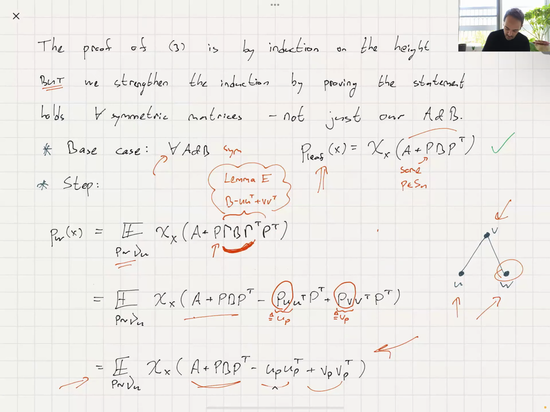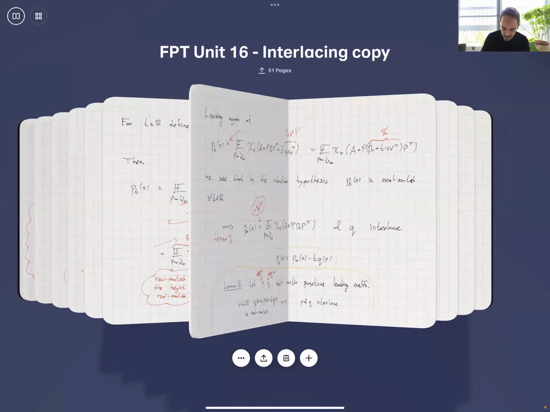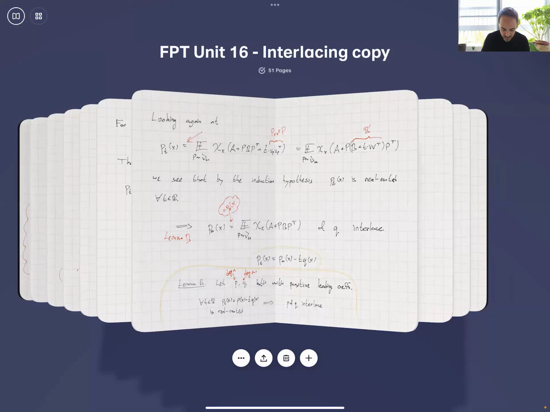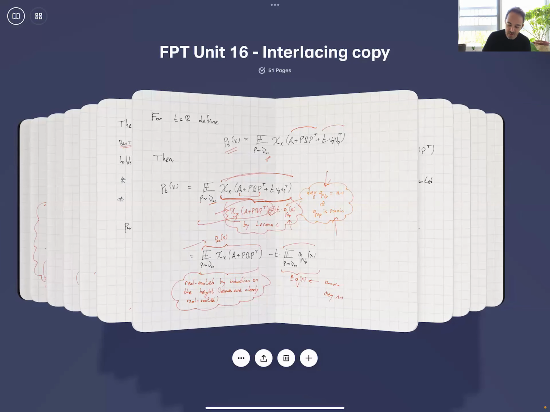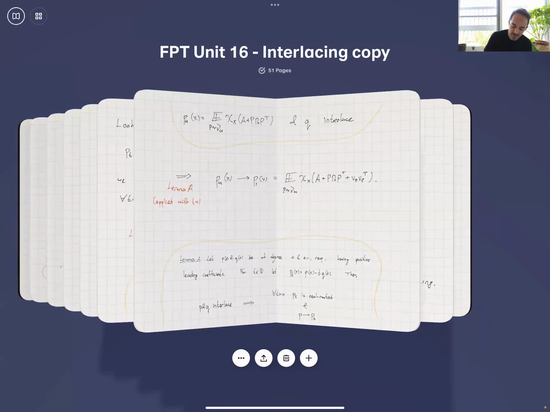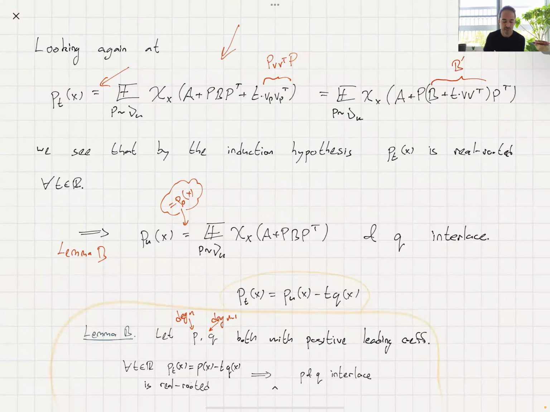So looking at the definition of PT of X, I mean, we did something with that. I'm ignoring that now and looking back at the definition. PT of X is this thing, and now comes the cool part.